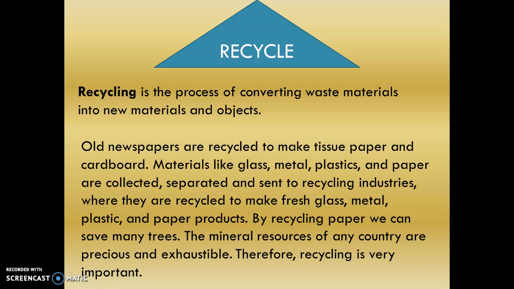Glass, metal, plastic and paper are collected and sent to recycling industries where fresh glass, metal, plastic and paper products are made. And recycling is a very important process because the mineral resources of the country are saved. Their mineral resources are precious and exhaustible. Exhaustible means those resources will get over quickly.